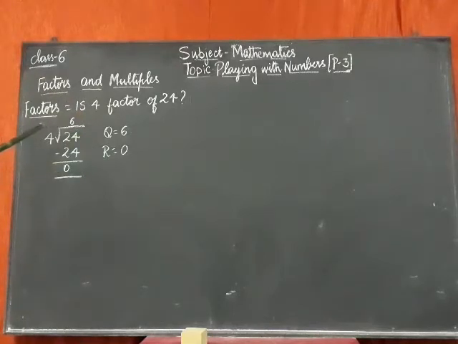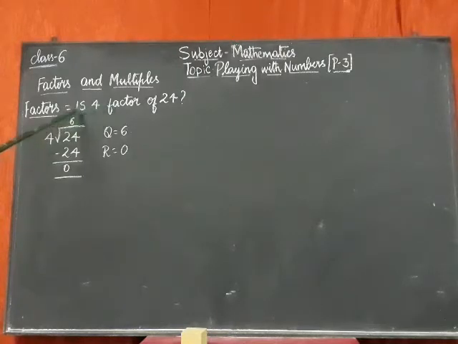So what does it imply, students? It implies that after division, if the remainder is 0, it tells us that the divisor is a factor of the dividend. Since the remainder here is 0, we say that 4 is a factor of 24.